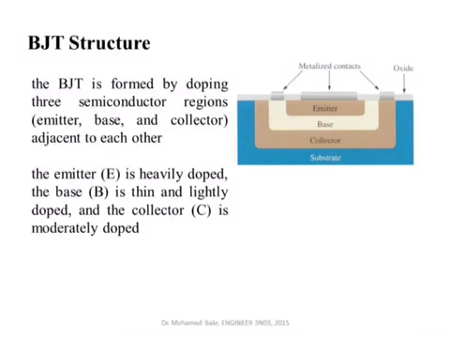For an NPN transistor, this would be N-type, this would be P-type, this would be N-type. Current will be flowing from the collector to the emitter, and you get some current being added from the base. The sum of the collector current and the base current gives you the emitter current.